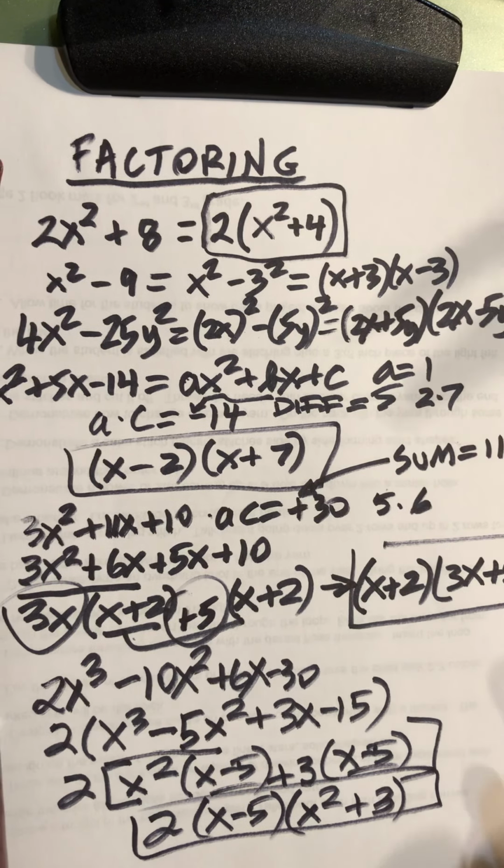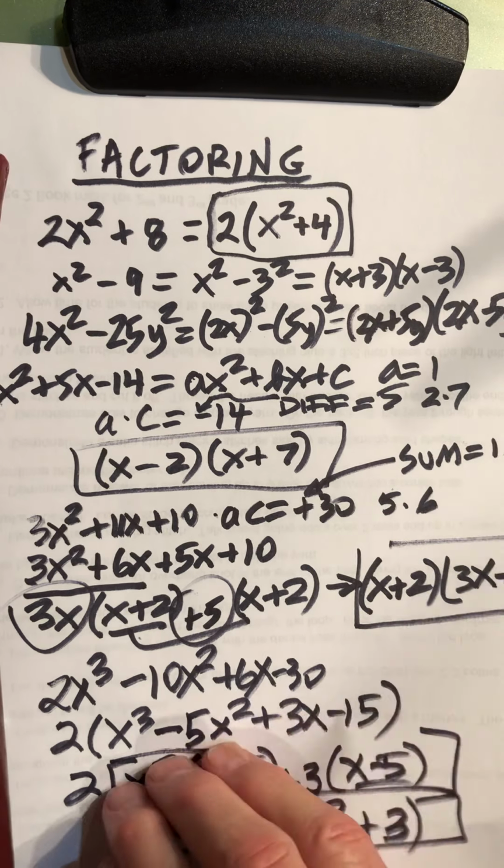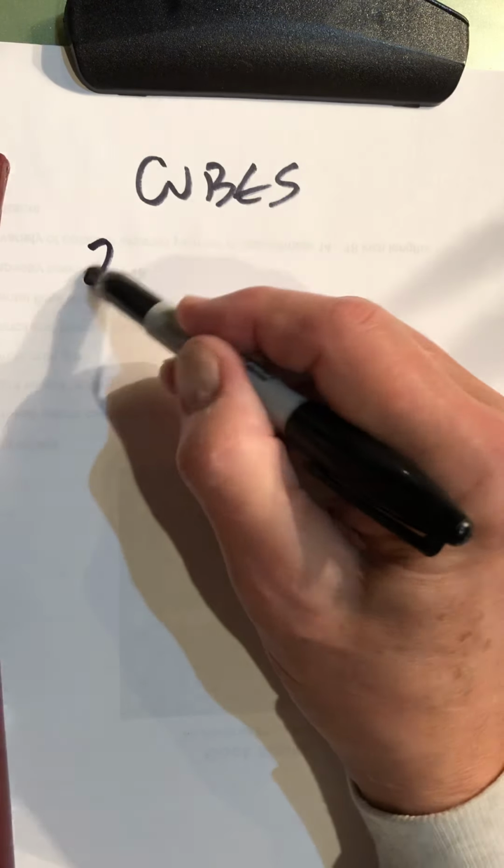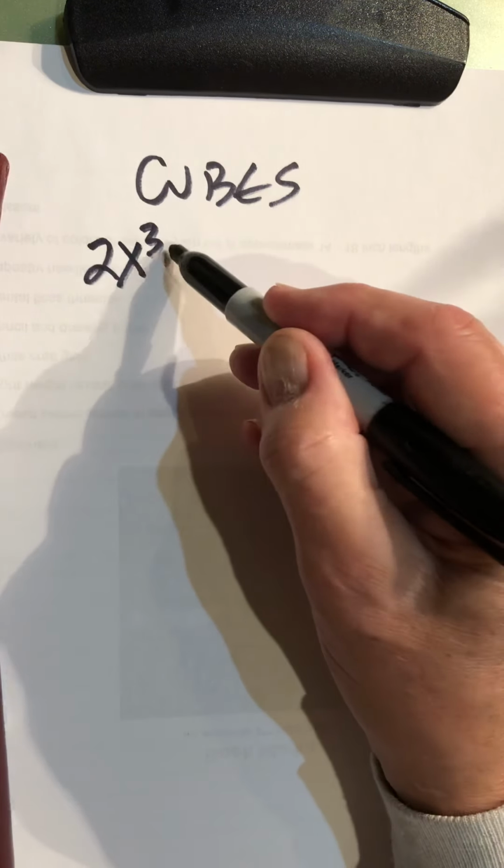Okay, let's go to the cubes now. All right, we're going to do some cubes. And let's take an example of 2x cubed plus 16. Now, here again, can I remove a greatest common factor?